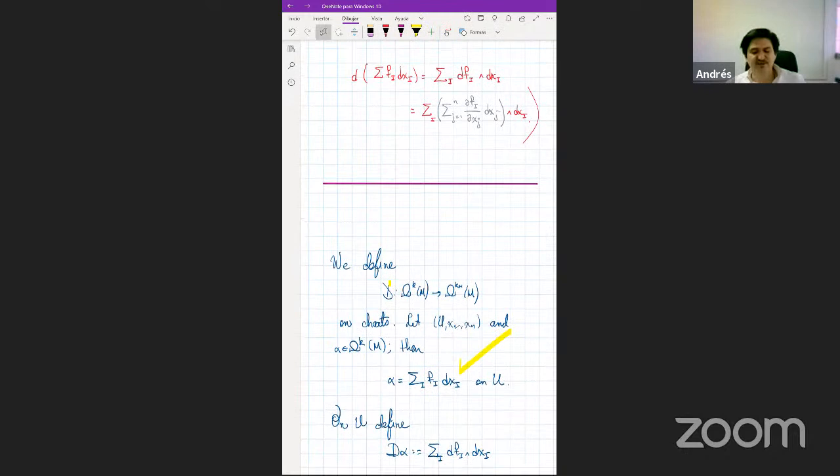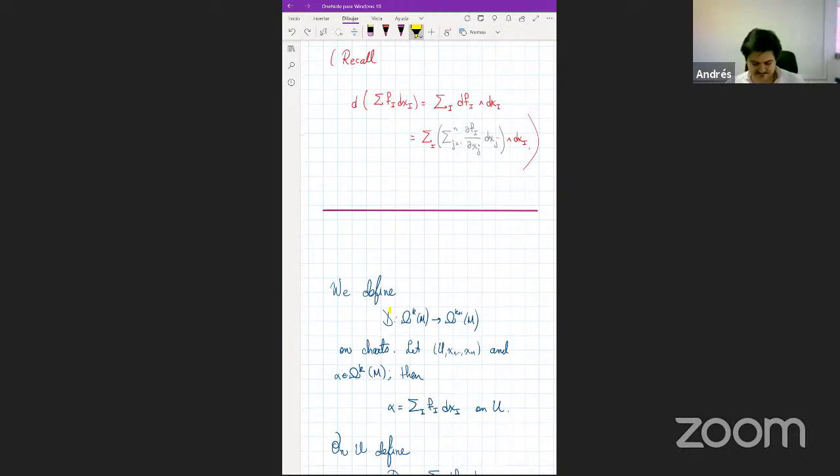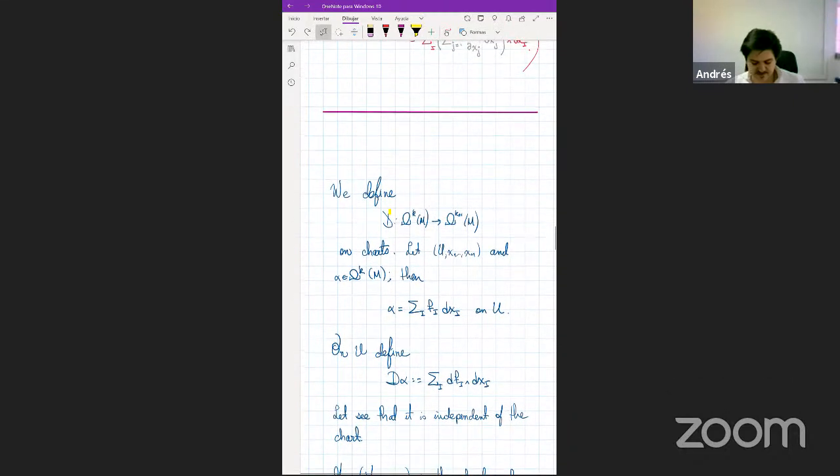And then you might argue, okay, so let's define D as if we were on Euclidean space, right? And it happens that this is actually correct, although we need to prove that.